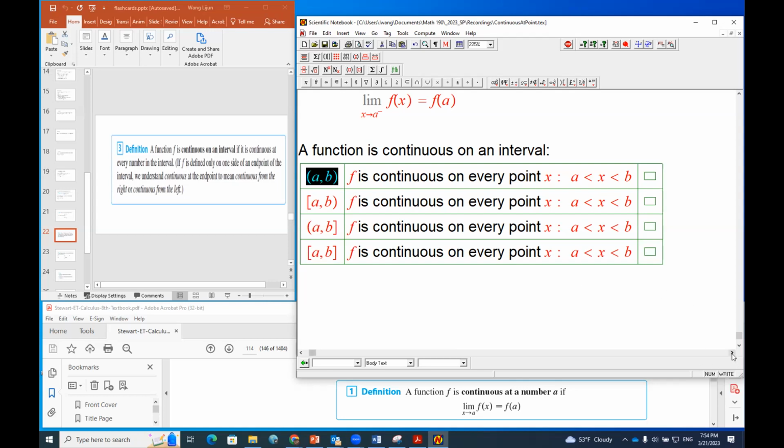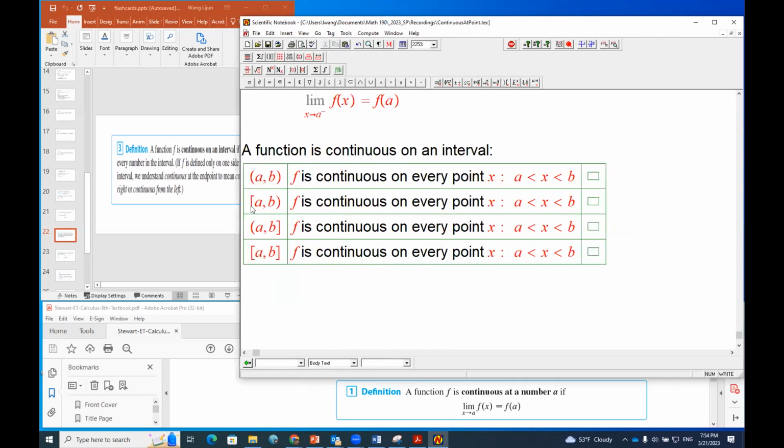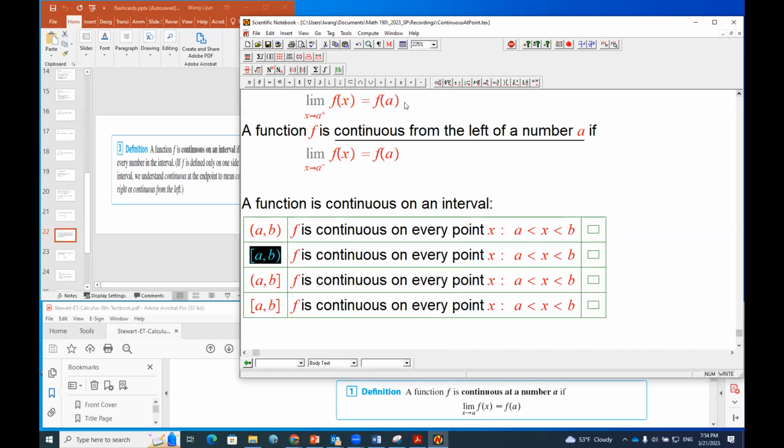However, we have some additional. On this one, because a is included, f is continuous at a from the right. So what it means is that this is also true.